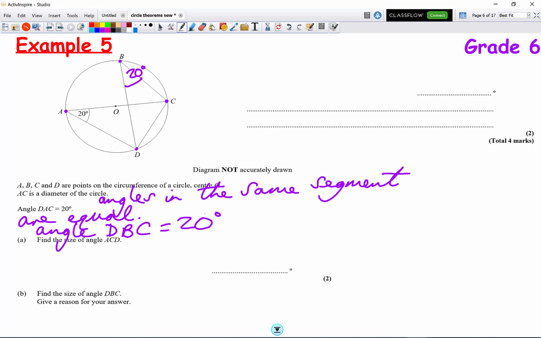Now the question is asking to work out angle ACD. Now that is this angle. Let's call that X. But what can I see? I can see a diameter here and it has a center O. Then I know that this angle must be a right angle. So let's write that down as well, that the angle in a semicircle is 90 degrees.